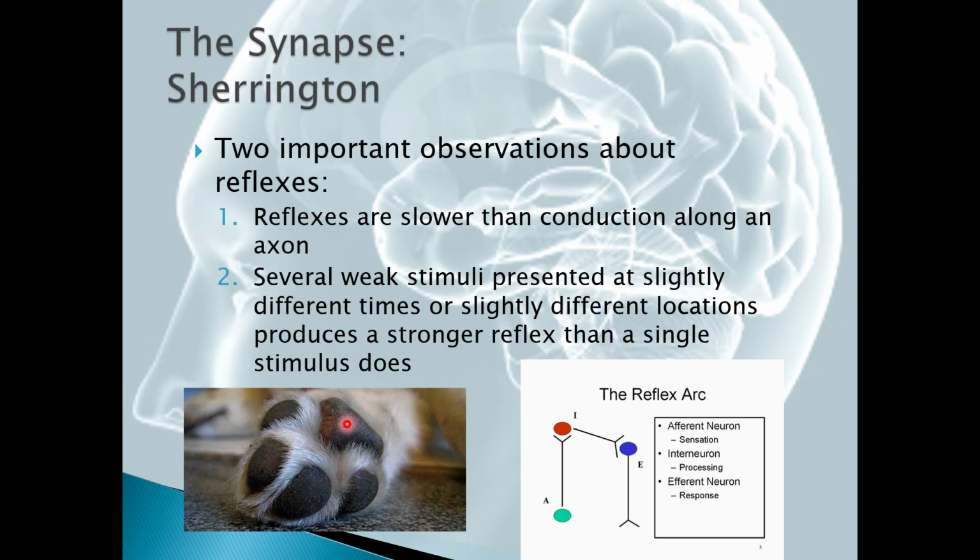If he presented several weak stimuli in the same spot, but presented at different times, 1, 2, 3, that produced a stronger reflex than a single stimulus did. And we'll learn that that's called temporal summation. Or if he pinched the dog's paw pad in 3 separate locations, that could produce a stronger reflex than a single stimulus did. And that we'll learn is spatial summation.